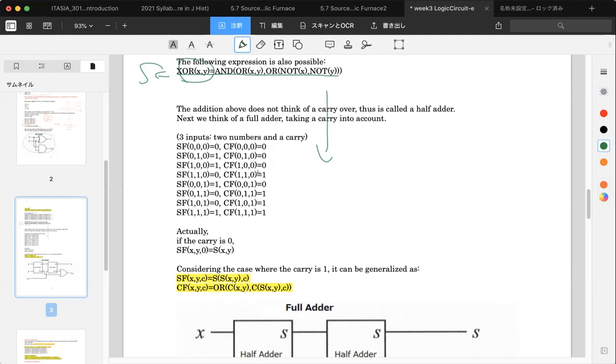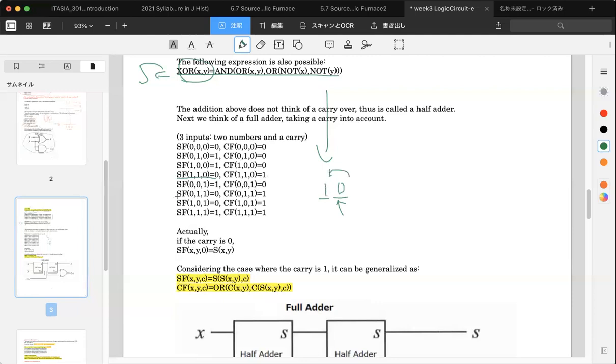But if it's 110, 1 plus 1 in the binary system is 10, right? So for the position number, it will be 0 because we don't have anything on the digit. And on the carry number, because it's 1 plus 1, we have another entry for another digit. So CF is 1.